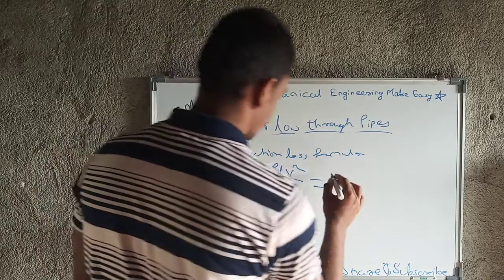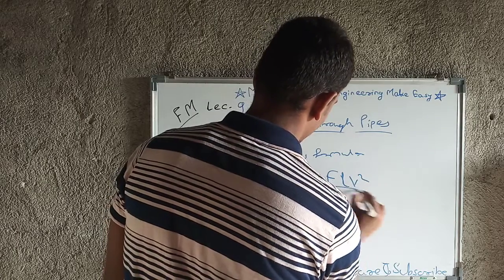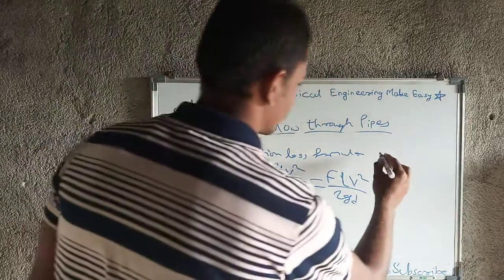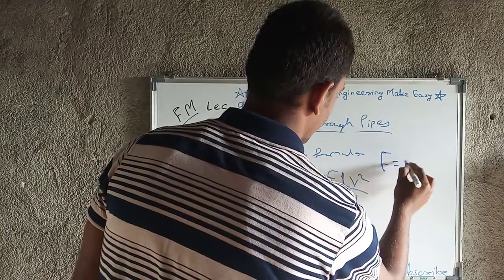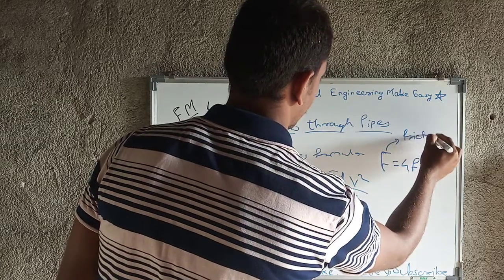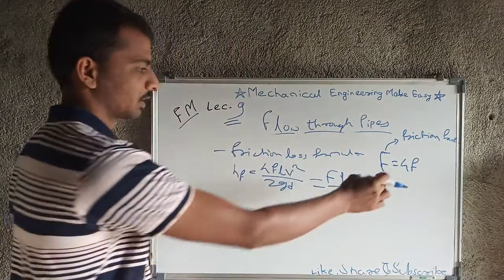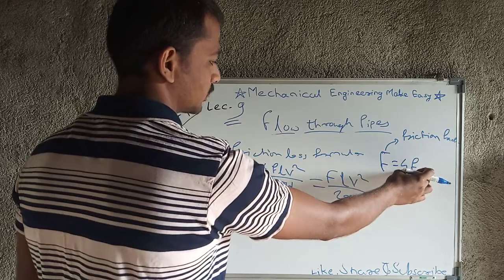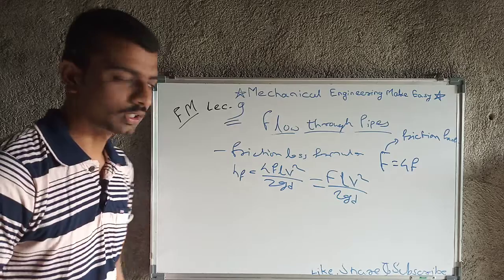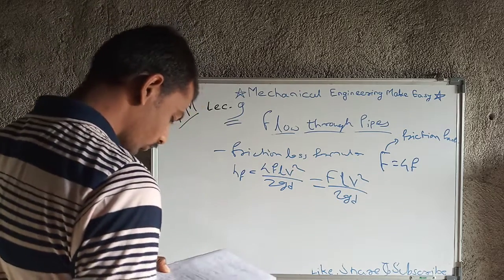After that, this equation can be written as FLV square upon 2GD. All the parameters are the same, only this capital F replaces the 4f, and this is the friction factor. Capital F is the friction factor and small f is the coefficient of friction, and 4 times the coefficient of friction is the friction factor. So this is the Darcy-Weisbach equation.